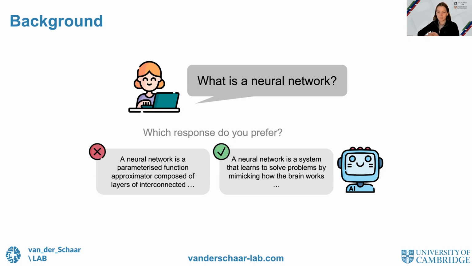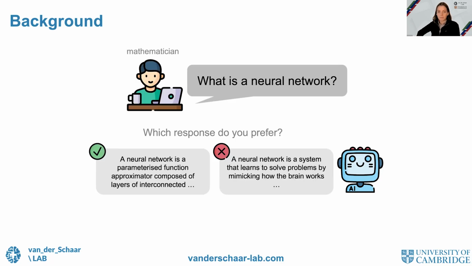And in this specific example, there is not really a universally correct answer. The preference of a user for a certain explanation style and the level of detail will depend on their unobservable characteristics, such as the expertise level. So, for instance, for a non-technical user, the response on the right-hand side may be preferred.